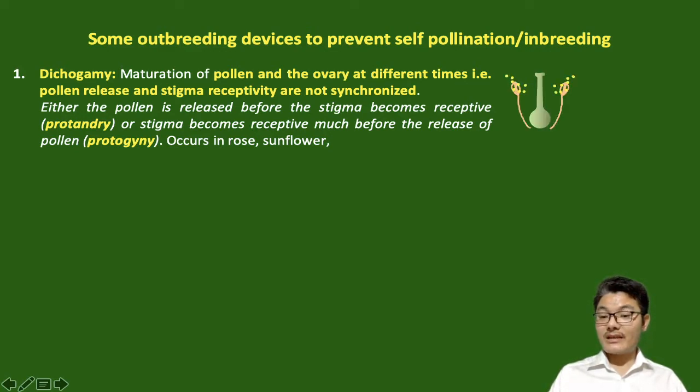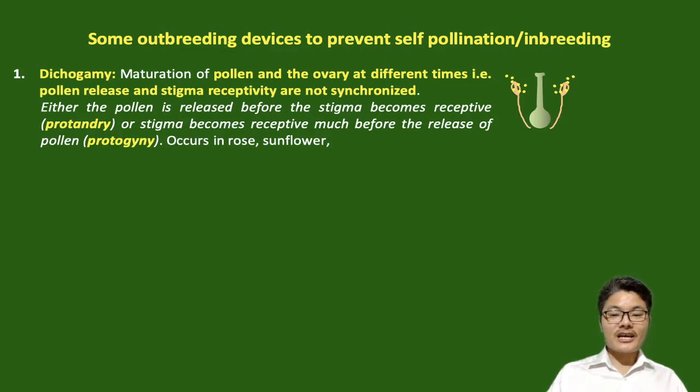As you can see in this cartoon, you are able to see release of pollen grains by the anther of the stamen. But the stigma is not receptive. Stigma is still immature. So this in a way prevents self-pollination, and the pollen grains which are released will be used by pollinators or will be cross-pollinated.